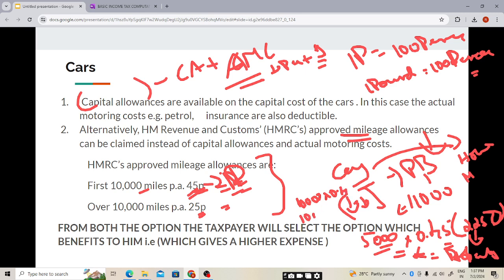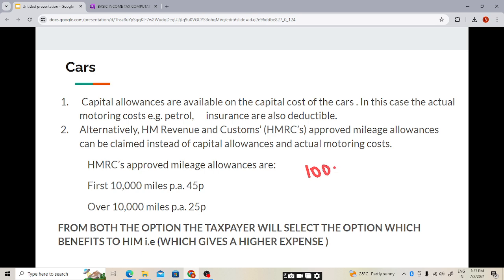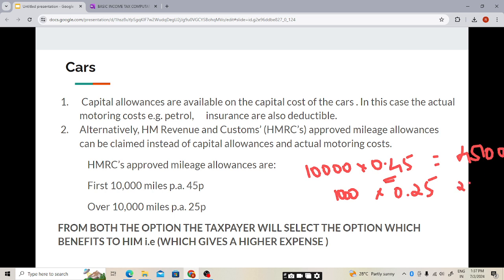For the rest 1,000 miles you will apply the allowance at 0.25. So the first 10,000 at 0.45 gives 4,500, and the next 1,000 gives 250. So the total, how much can you claim?